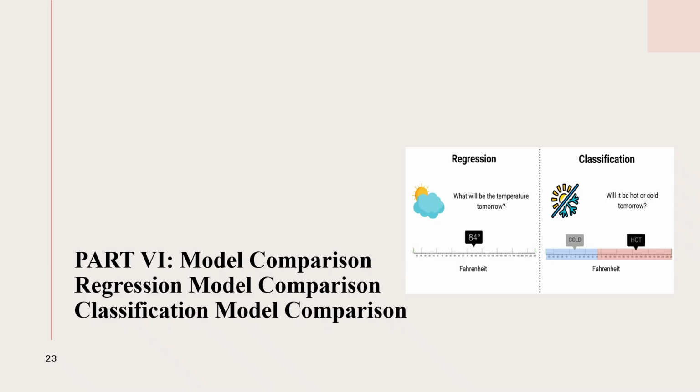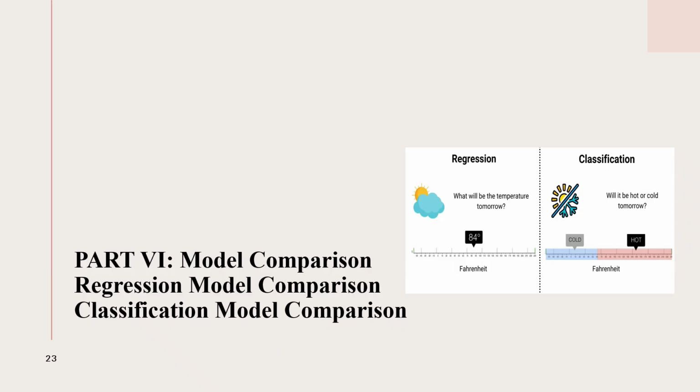For example, predicting the temperature tomorrow, which could be something like 84 degrees. On the other hand, in classification, the output is a category or a class label. For example, predicting whether tomorrow will be hot or cold. So regression predicts numbers while classification predicts categories.